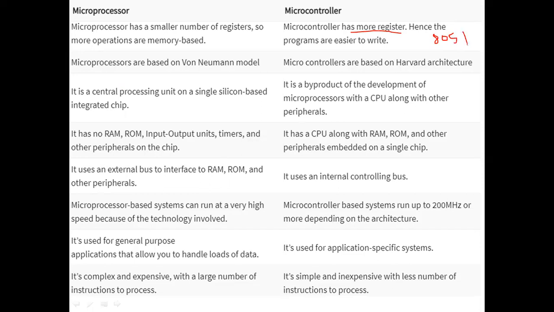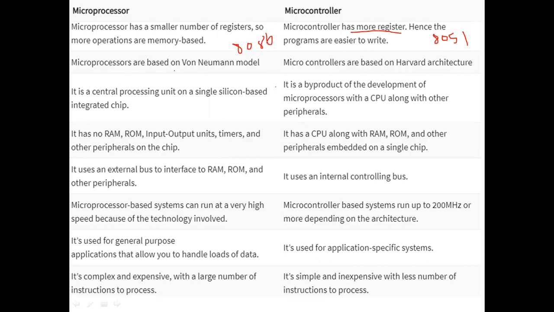It has a number of special function registers, such as the A register, B register, R1, R2, and a number of ports. The 8086 is an example of a microprocessor. It supports only 4 general purpose registers, AX, BX, CX and DX.